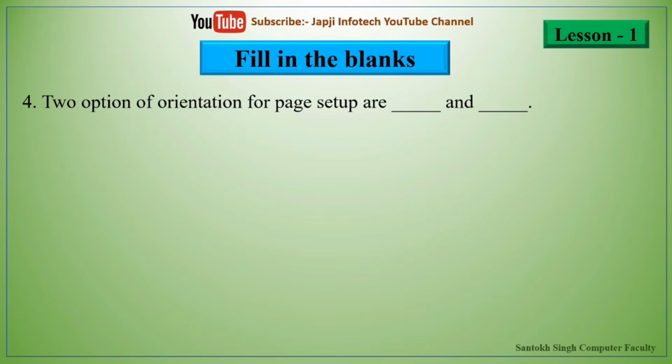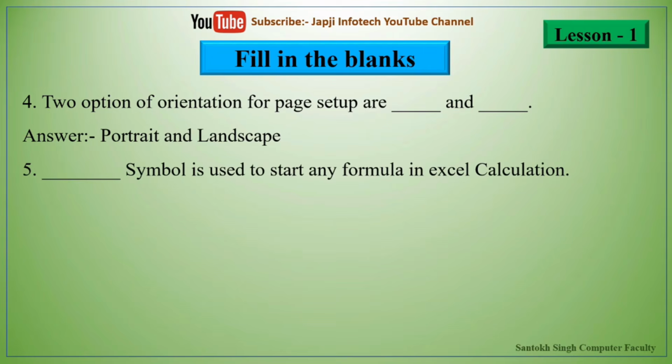And the right answer is two options of orientation for page setup are portrait and landscape. Fifth one is dash symbol is used to start any formula in Excel calculation. And the right answer is equal symbol is used to start any formula in Excel calculation.